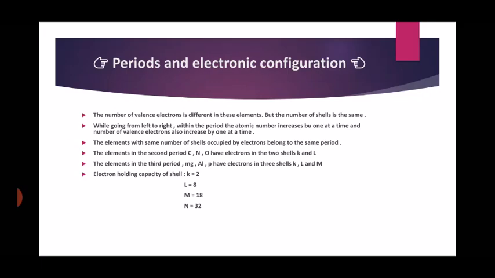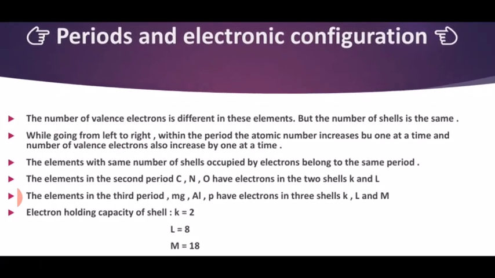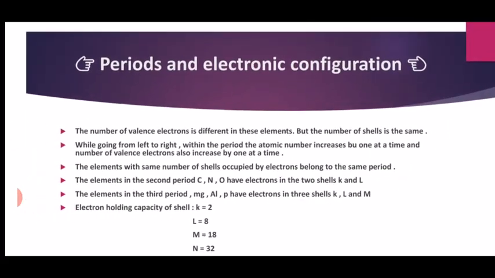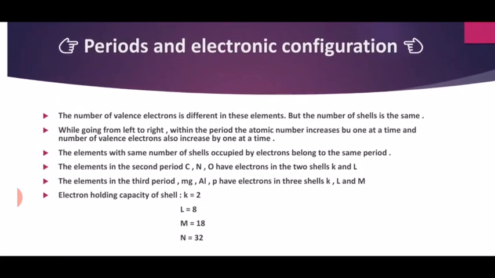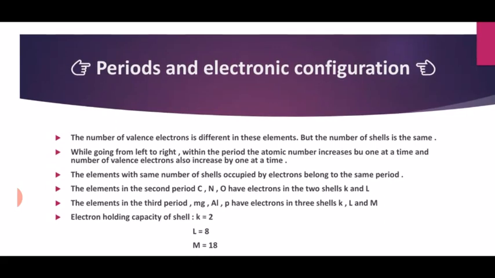Now we already studied that the number of valence electrons is different in these elements, but the number of shells is the same. That means in different elements, the number of shells is the same.